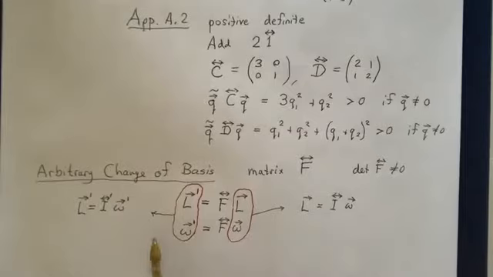Now what you can do is plug in over here. For L prime, you insert this result, it's F times L. And for omega prime, you insert this result, it's F times omega. And then you again have this notion of the resolution of the identity.